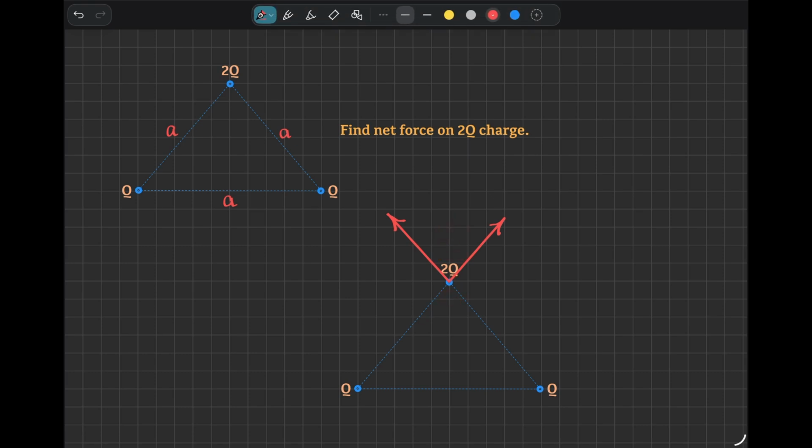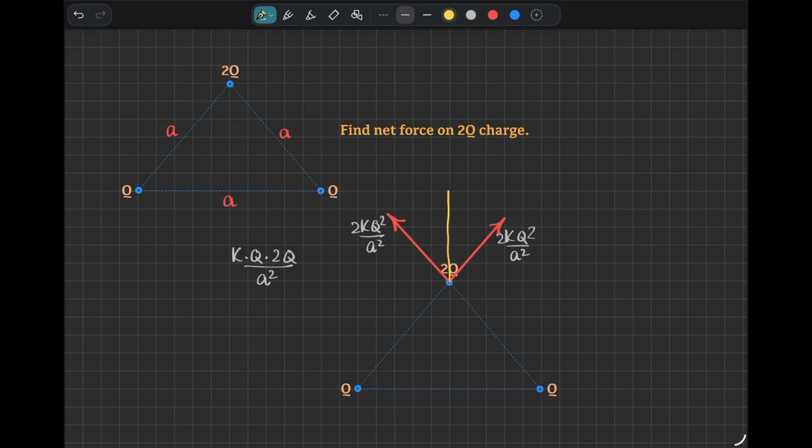So I can write the values of the two forces: they are 2k q square by a square, and this one is also 2k q square by a square, because the individual force is k q into 2q by distance square.